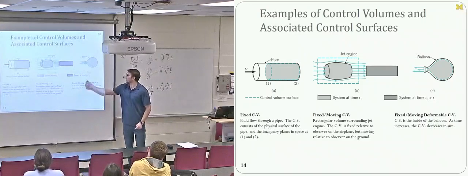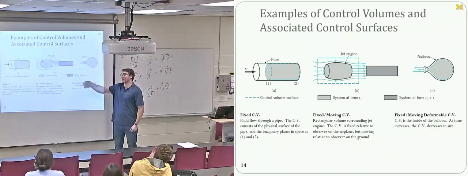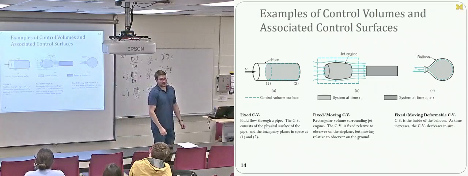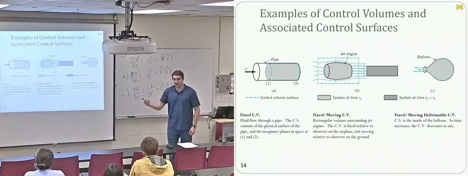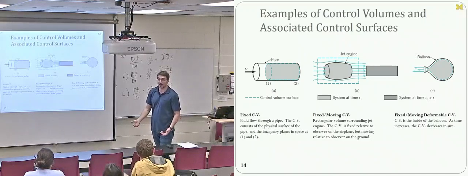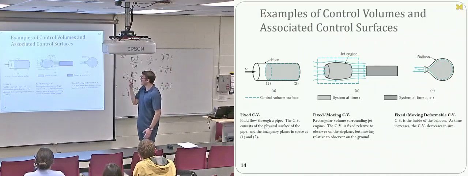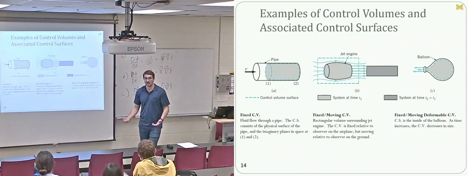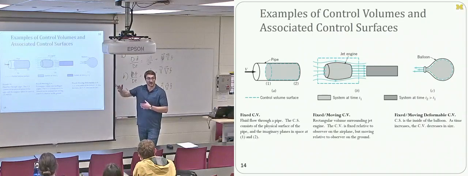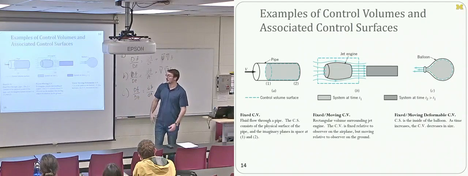Another example of a moving and this time also deforming control volume is that of a balloon. So you blow up a balloon, you let it go. The rate of change of mass inside the balloon is obviously going to be less than 0. You're losing air, and the balloon is shrinking.